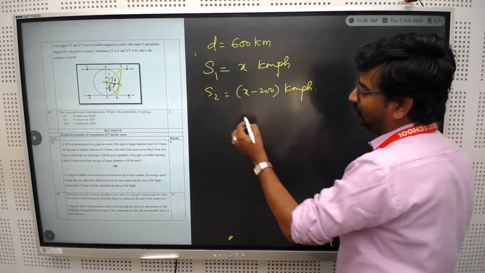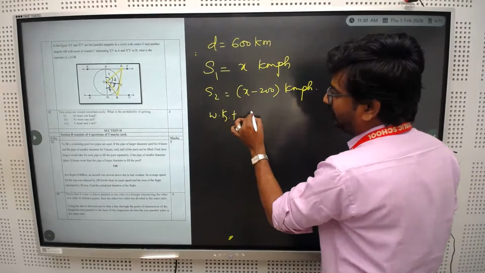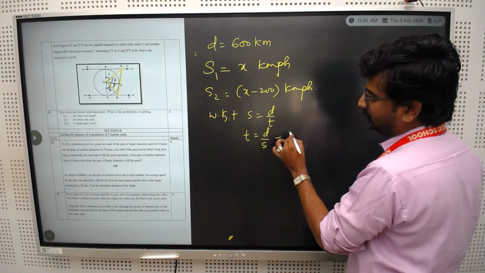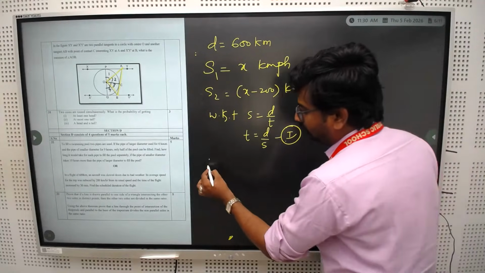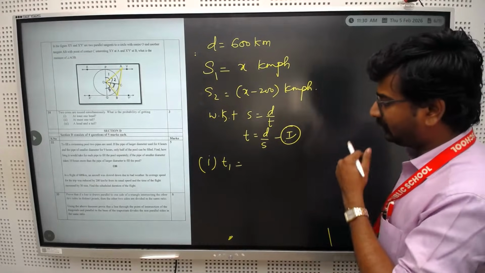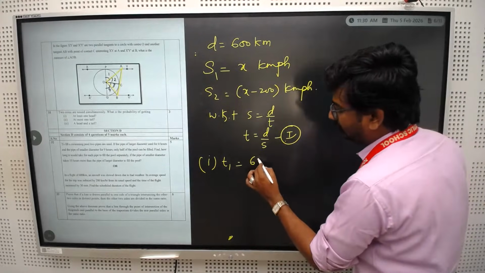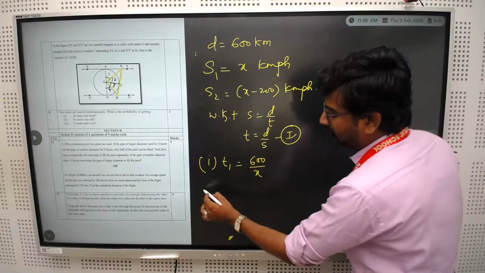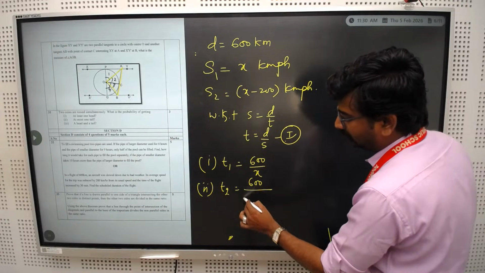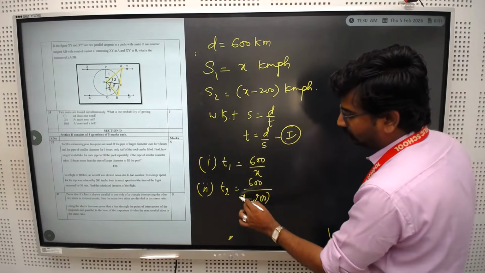Now, first we know that speed is equal to distance by time, and time is equal to distance by speed. For the first condition, T1 will be 600 by x. For the second condition, T2 will be 600 by x minus 200.